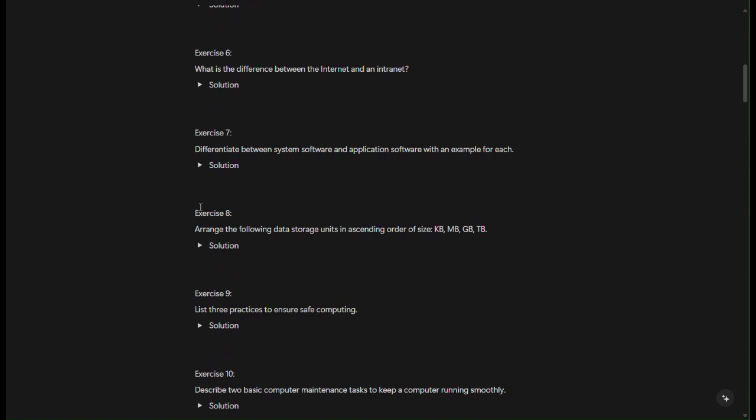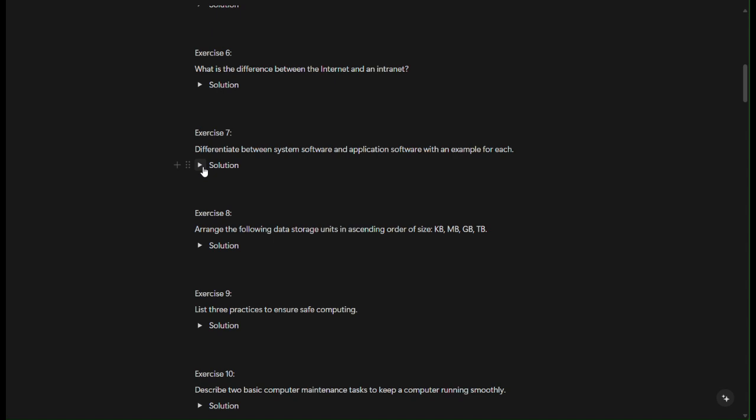Now the difference between the system software and application software with an example for each. Let's start with the system software. The system software, like the Windows OS, is a software designed to provide a platform.